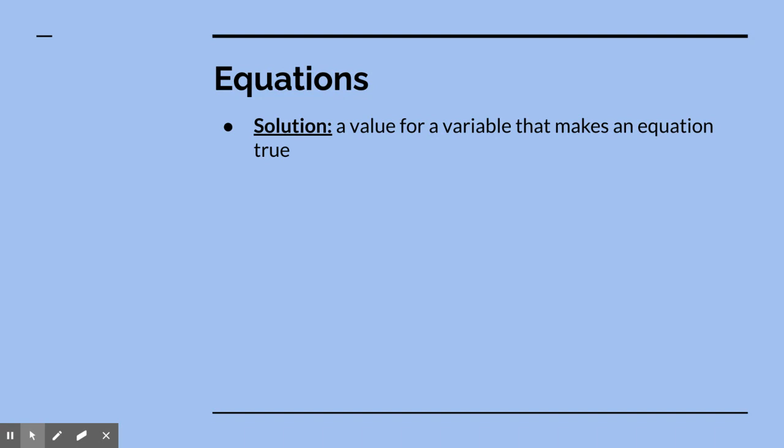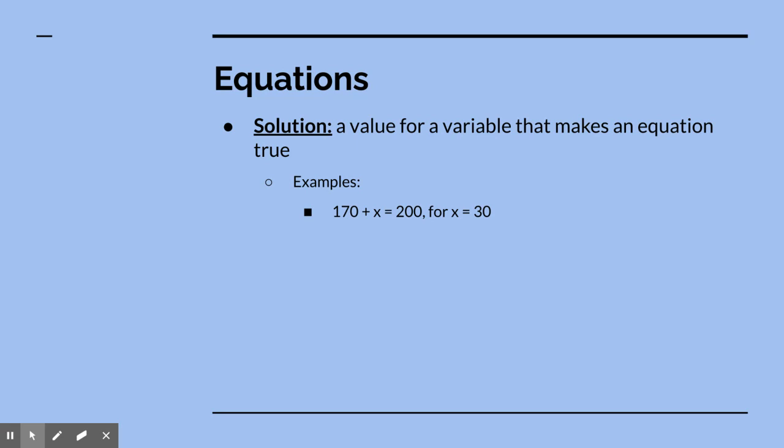So what's the solution? A solution within an equation is a value for a variable that makes an equation true. As an example, if your equation is 170 plus x is equal to 200, after solving, your solution should be that x equals 30. Okay? Well, let's see if that makes it true.